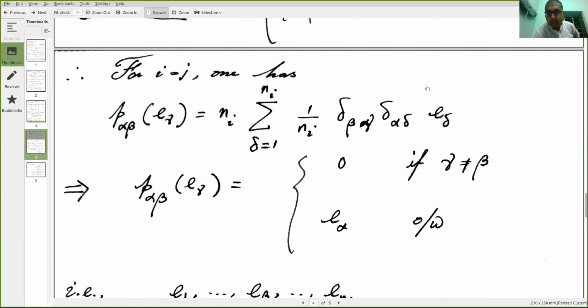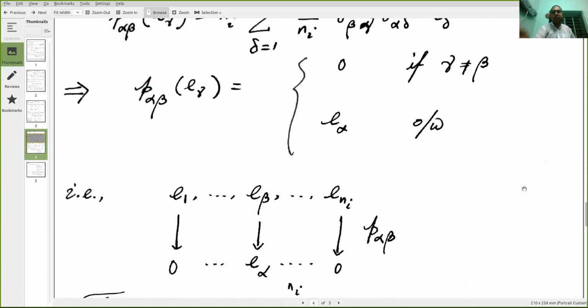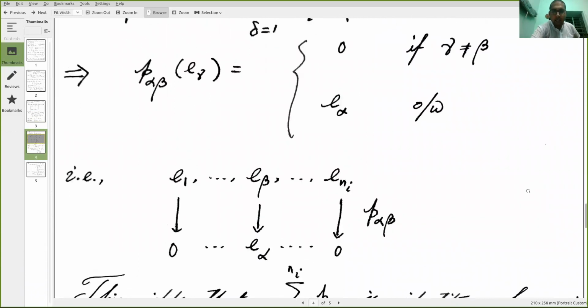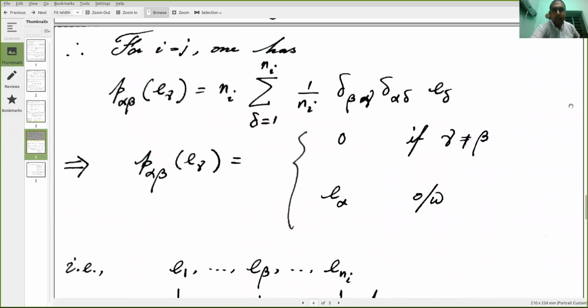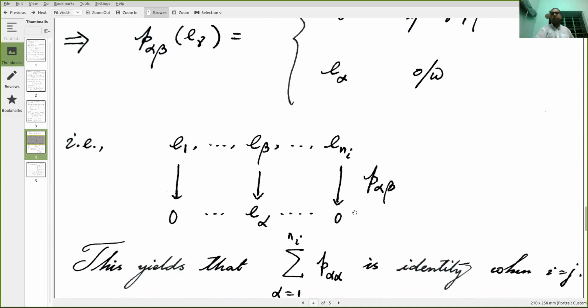So the rest will be precisely this. Only the term corresponding to delta equal to alpha will survive, and that will give us E alpha. So summarizing everything, in the case when i equals j, P alpha beta acts on the basis elements of Wi in the following way: it sends E beta to E alpha and sends everything else to 0.